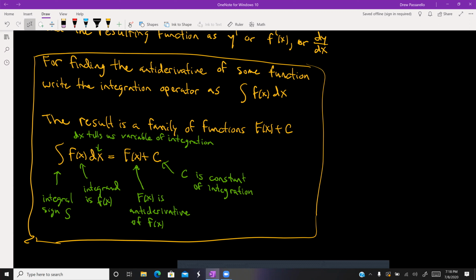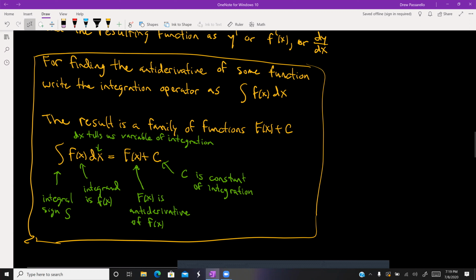All right, so I know it's a lot to pack in. The main idea is integration is like the reverse of differentiation. Sometimes we just call the antiderivative the indefinite integral, and that involves using an integration operator, which has this elongated S around our function, and then dx.